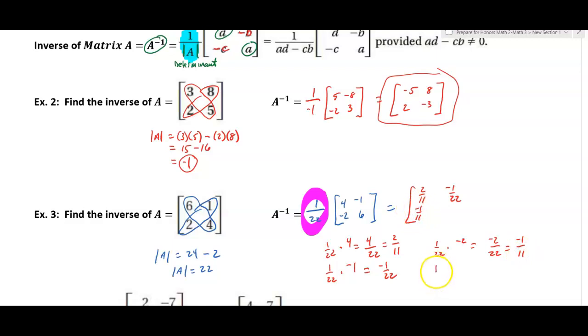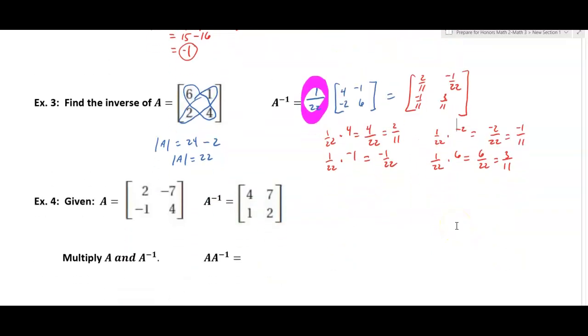And the last one would be 1 over 22 times 6, which is 6 over 22, and that reduces to 3 over 11. This would be the inverse of that matrix. I know it looks weird because it's got fractions, but we have to get used to that.